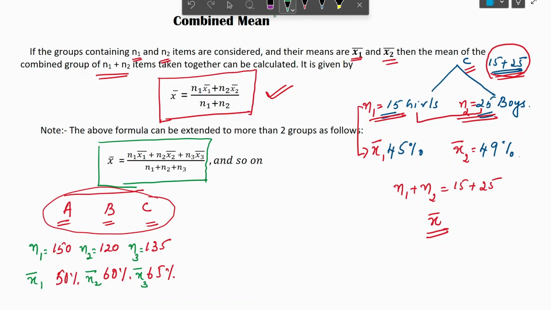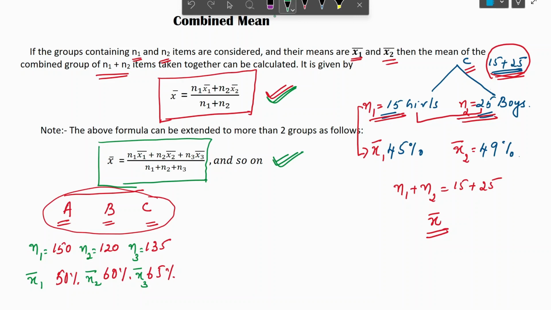This is the extension of the first formula. The same way you can find it for 4 groups, 5 groups, 6 groups, etc. But in your case, mostly the question will come for 2 groups or otherwise 3 groups. Therefore, you can find the combined mean of any number of groups if you know the individual arithmetic mean of each group and the number of observations in that group. The first is for 2 groups, this is the combined mean. This is for 3 groups, this is the formula.